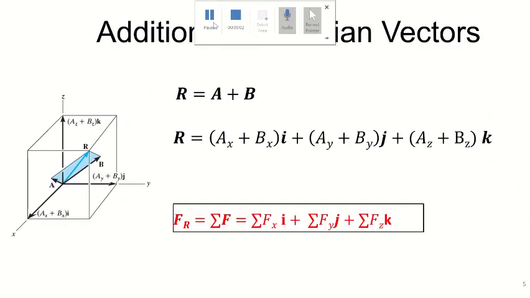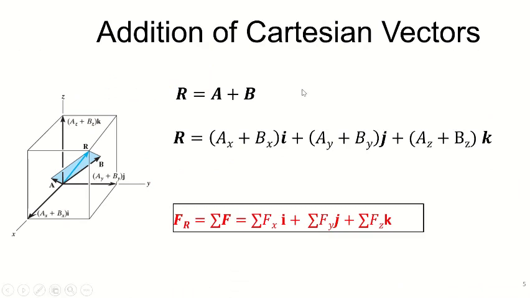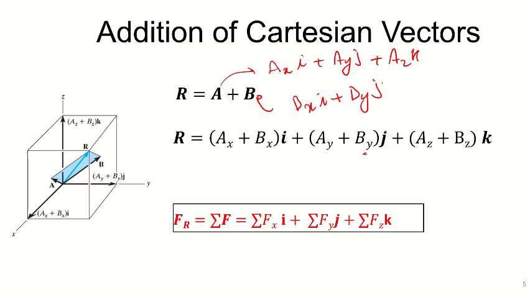Okay, so now you want to add two vectors, vector A and vector B. When you add vectors, you add the like terms together. You can write the vector A as Ax i plus Ay j plus Az k. In the same way, you can write the vector B as Bx i plus By j plus Bz k, right?